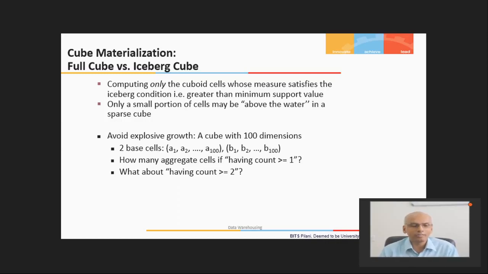What are the values that we should calculate and store? So in this context, we need to understand the term iceberg cube. You must have heard about icebergs.